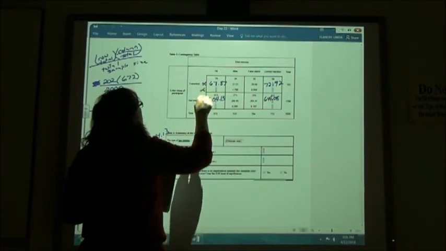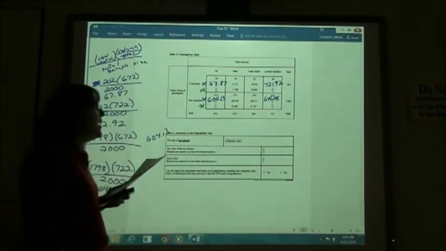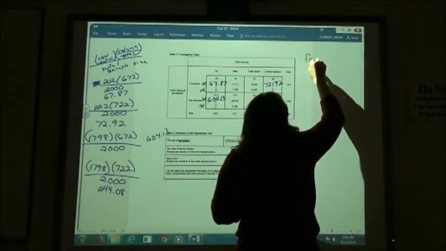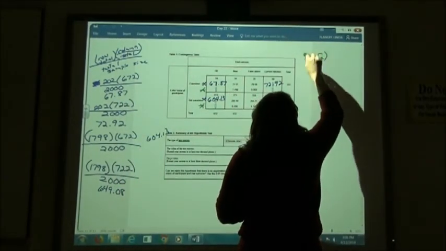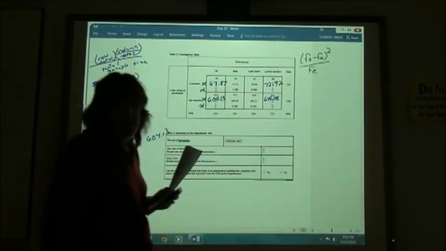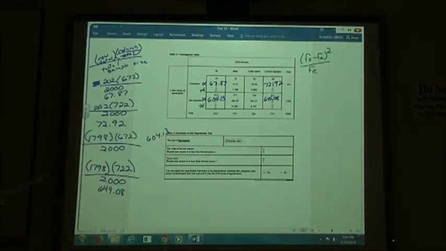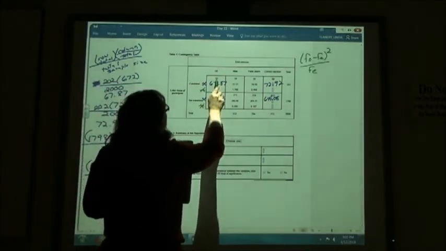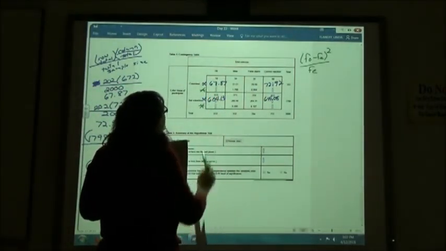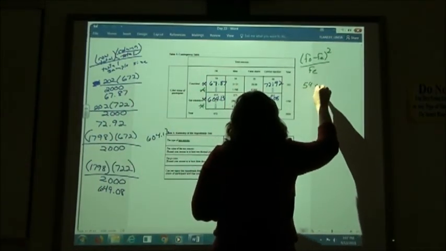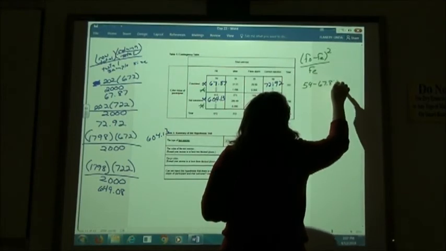Now, the next ones. The next ones is my formula. On my formula that I did, FO minus FE squared divided by FE, right? It's that formula we've been calculating all along. So, on the first one, we have 59 minus 67.87.